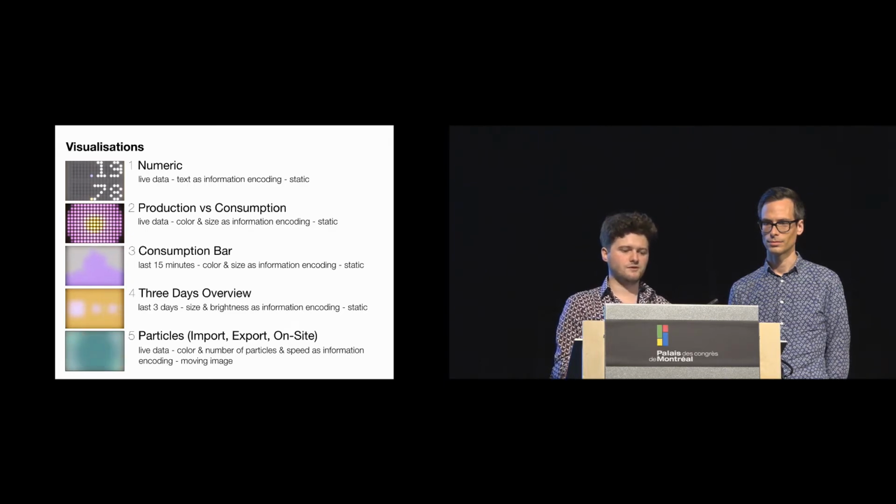Three of the visualizations represent live data, whereas 2 of them represent past energy performance data. Particle visualization number 5 is distinct from the others in that it uses speed and movement as an information encoding, which results in a constantly moving image.